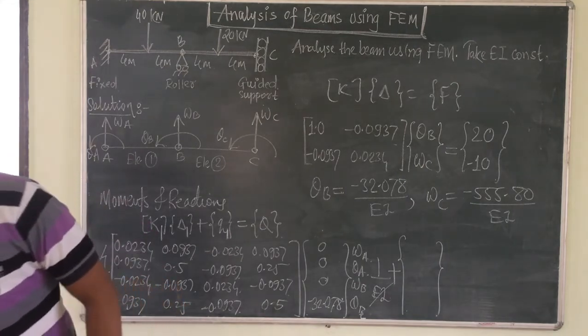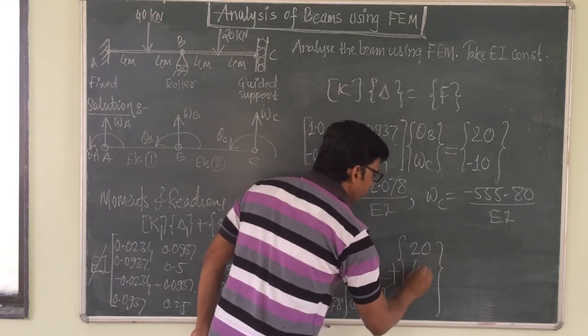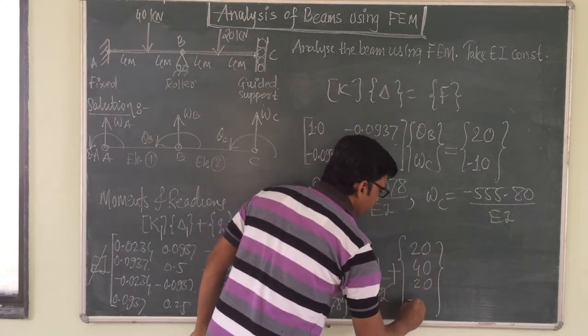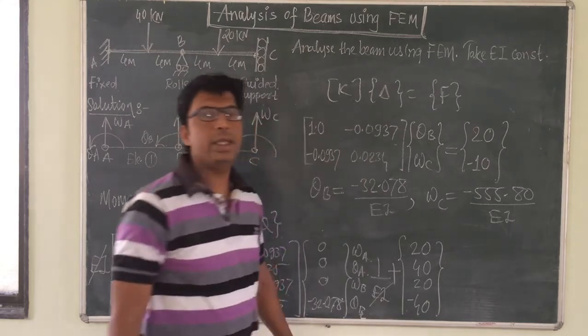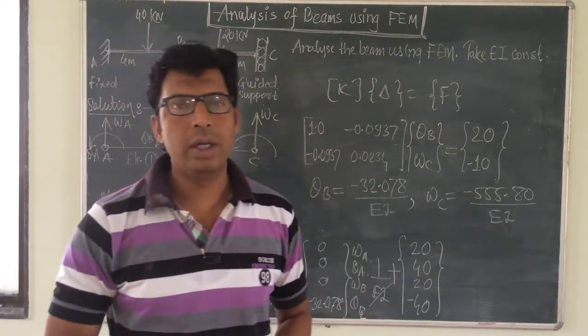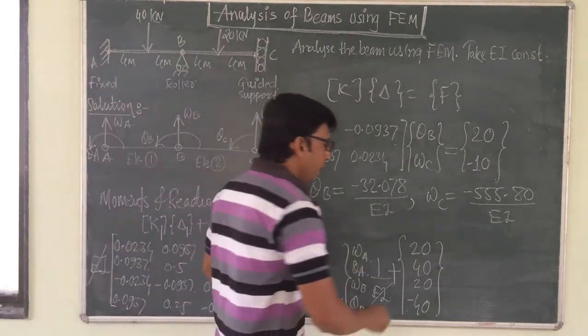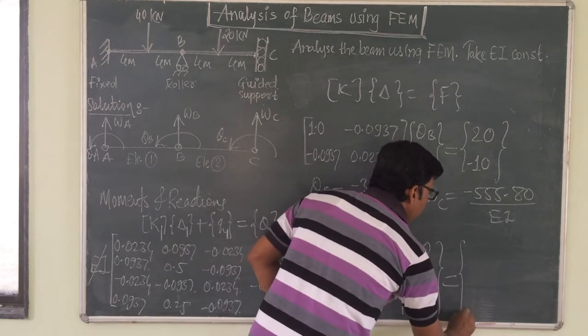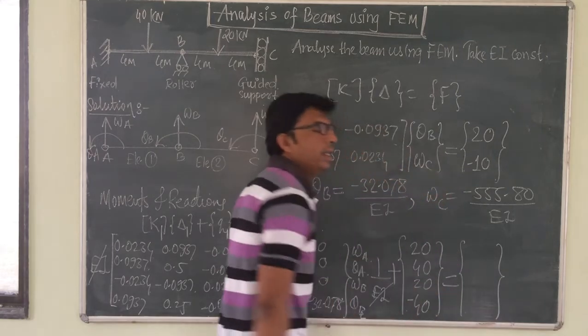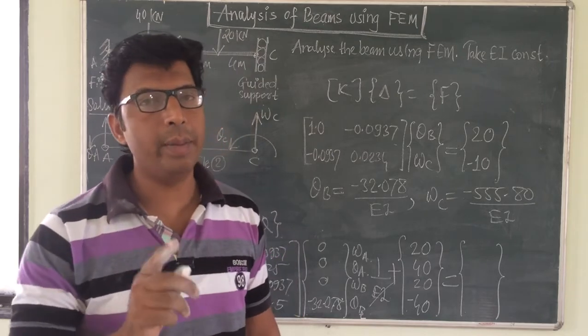Small q1 is equal to this, the value which we have already calculated in step number 3. So K into delta 1 plus small q1 is equal to your unknown moments and reactions in element number 1.